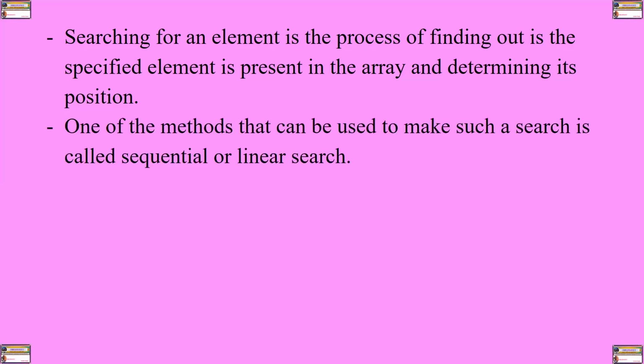One of the methods that can be used to make such a search is called the sequential or linear search. This simply means that there are other methods that can be used to search for an element, but what is most important is the existence of the element and sometimes not the technique used.